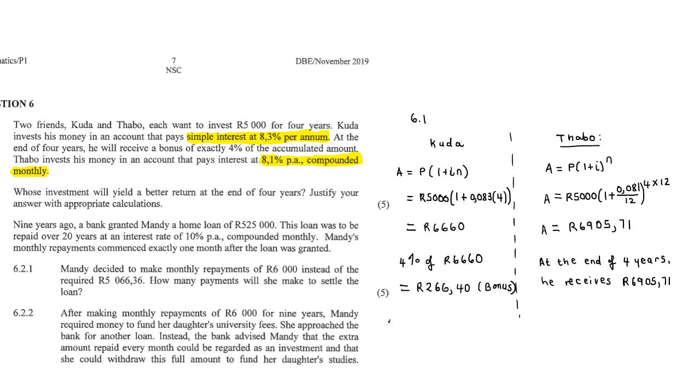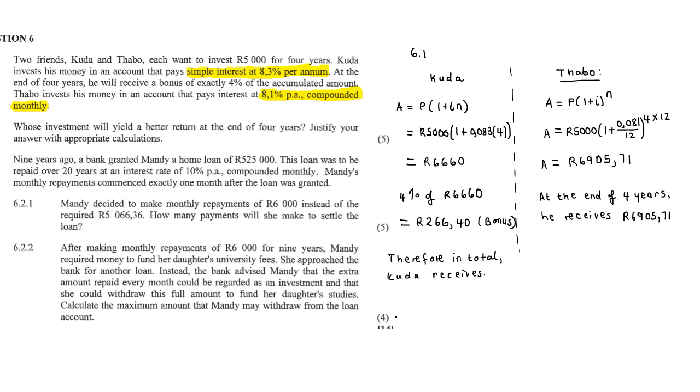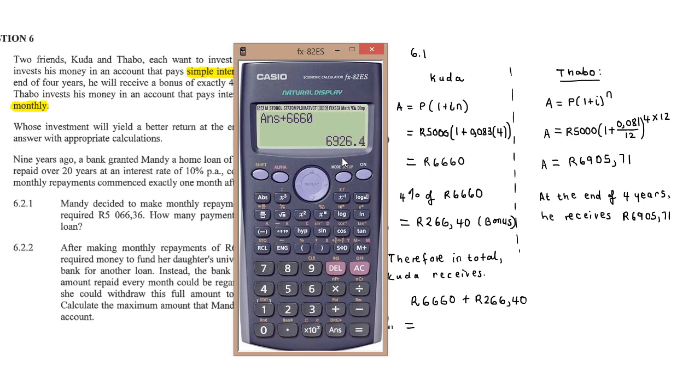So in total, Kuda will receive the total amount of his investment plus his bonus, and that works out to be 6,926.